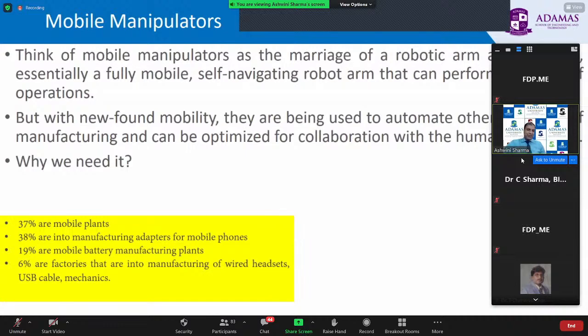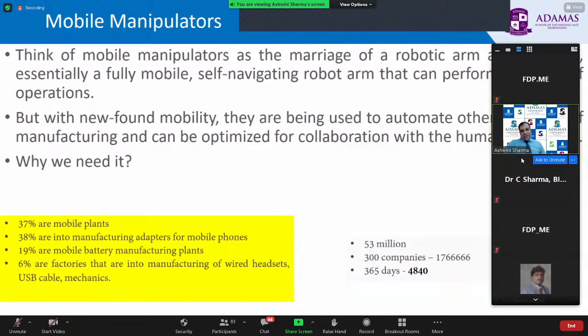For mobile manipulator, the mobile industry is having 37% mobile plants, then 38% are into adapters, 19% battery, 6% are into some wired headset and USB cable, machine mechanics, all these kind of things, right?